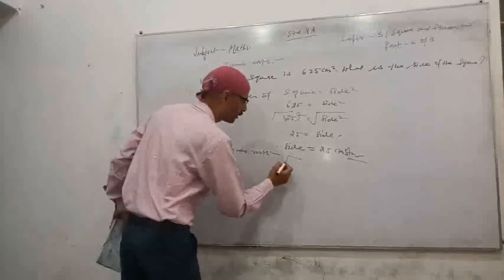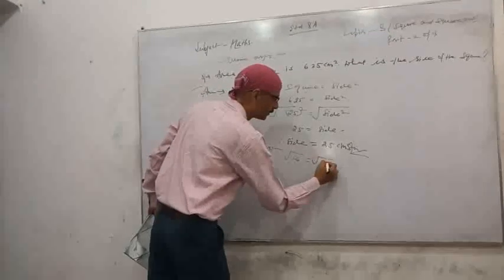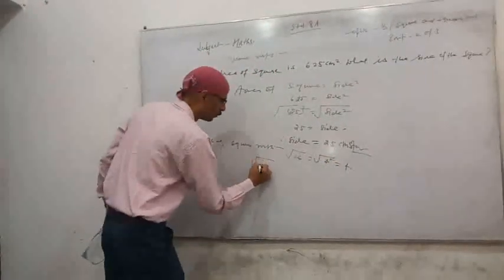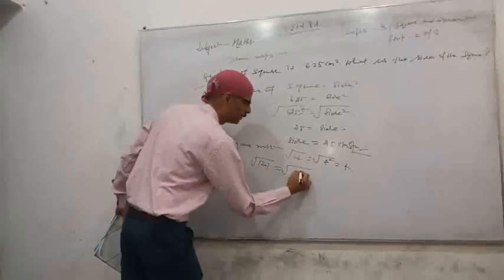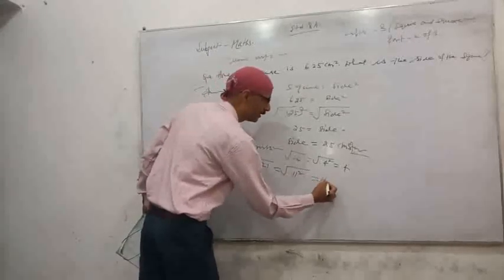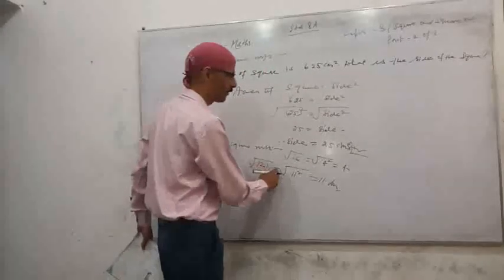If you write under root 16, the square root of 16 is 4. If you write under root 121, that means 11 square, and the square root is removed, and 11 is the square root of 121.